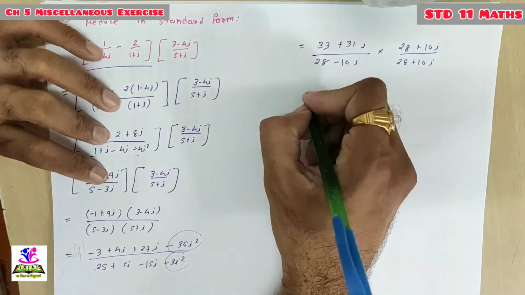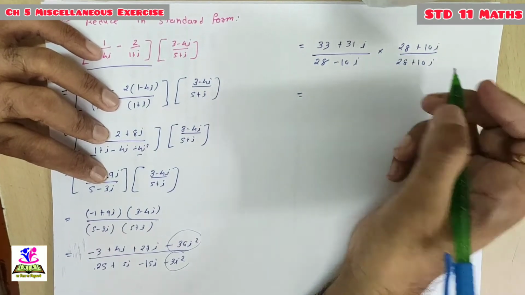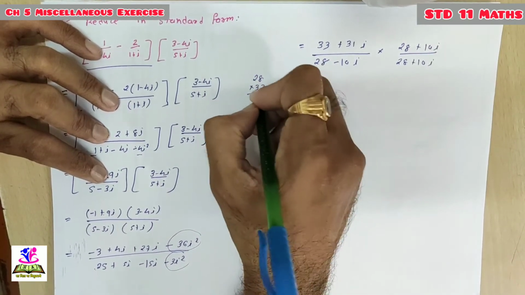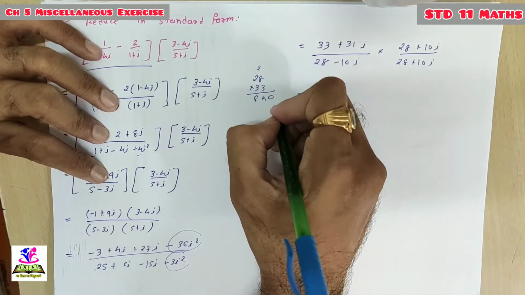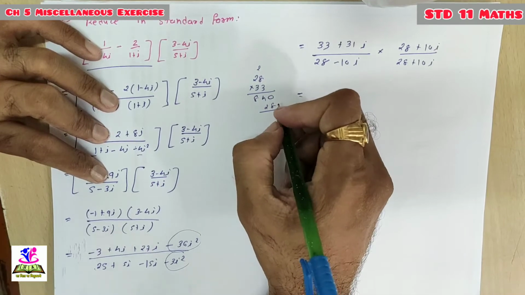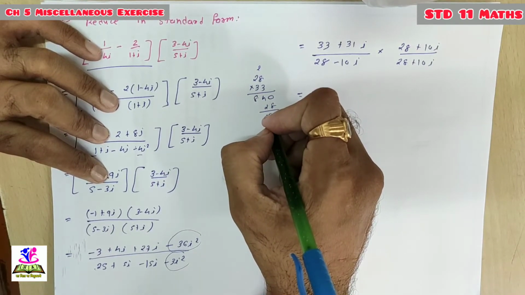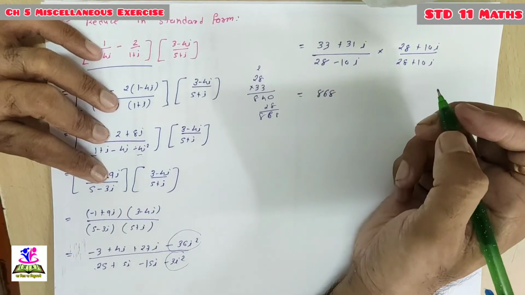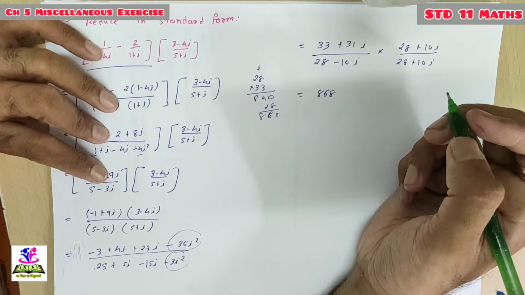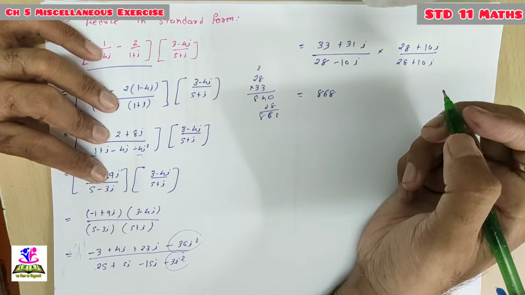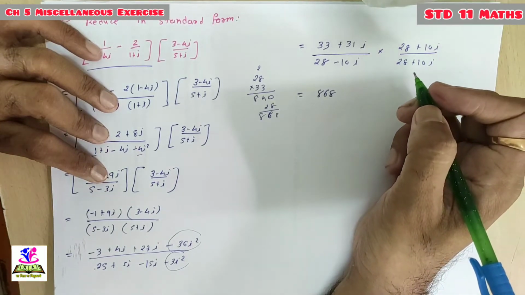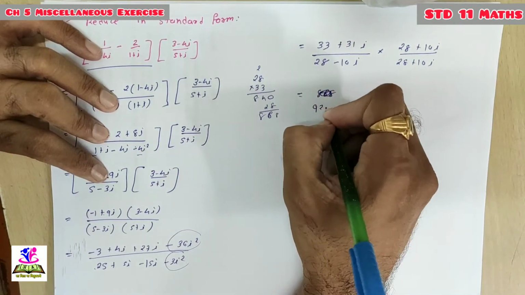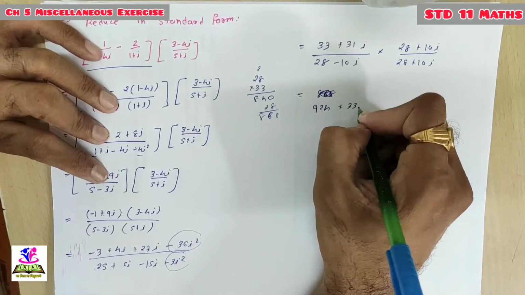So again you have to perform multiplication in the numerator. So 33 into 28, 33 into 28 is 924. Write the multiplication. 924, and 33 into 10, 330i.